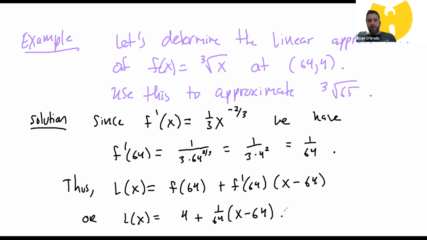You could simplify that if you wanted, but maybe we'll just clean that up on the next page. Does anybody have a comment or a question on our math here?